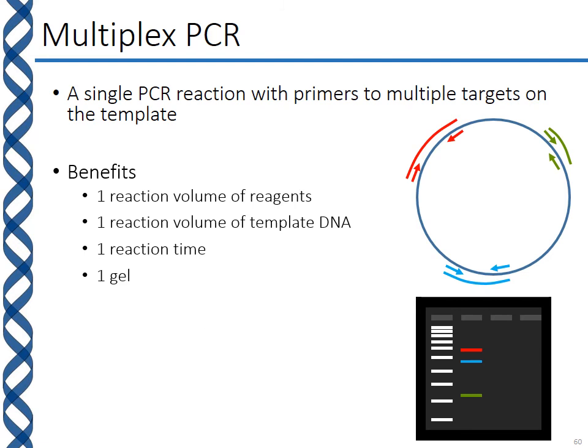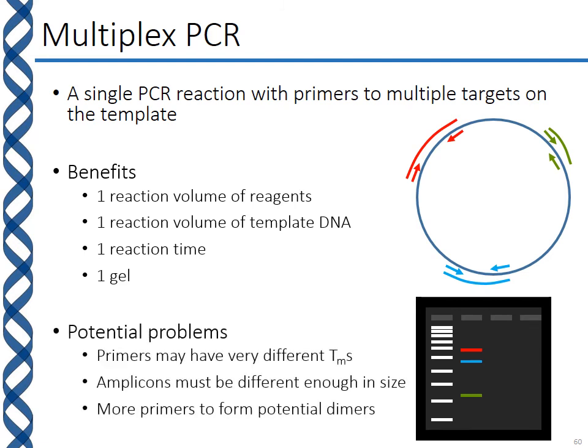And so that's one of the factors that you need to consider. You have to make sure that your amplicons are different enough in size to be resolved as separate bands on your gel. You do have to think back to the various primer design concepts that we discussed.